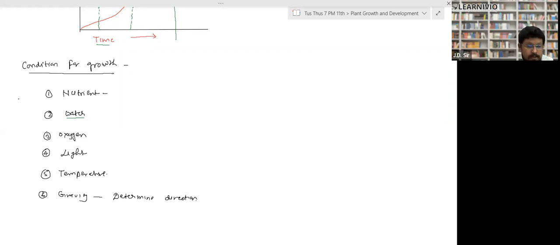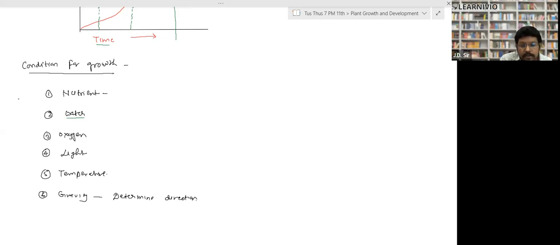Third, oxygen. Fourth, light. Fifth, temperature. Sixth, gravity. So look, nutrient, it takes from where? Soil. And we have already studied the chapter in detail, that is plant nutrition.